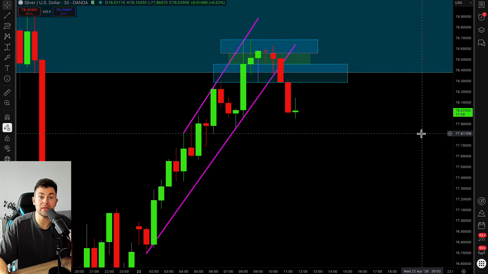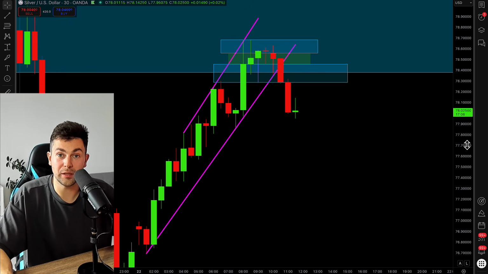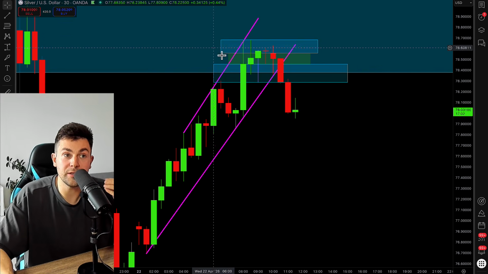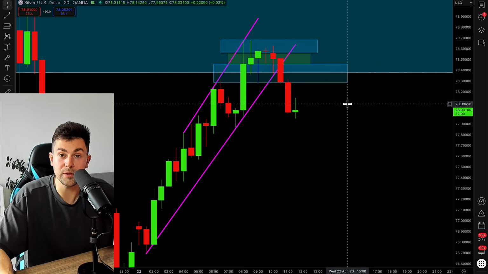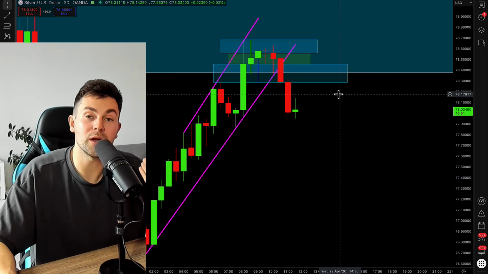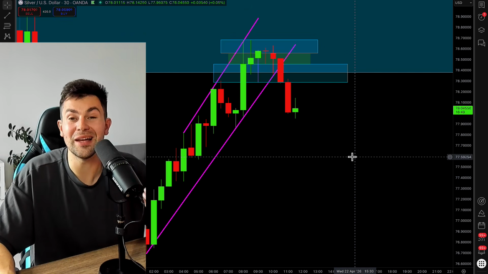So you can see that price action on silver in 30 minutes time frame turned bearish. After the test of our strong resistance, we see a clear strength of the sellers. These price action signals are more than enough for us to confirm that the market will continue falling.